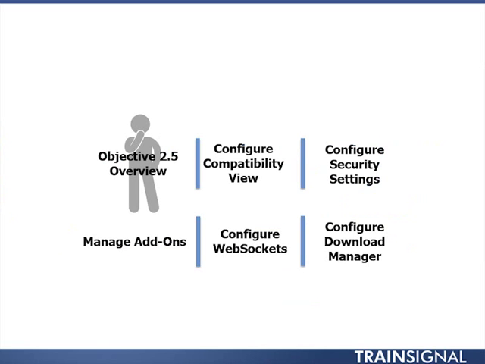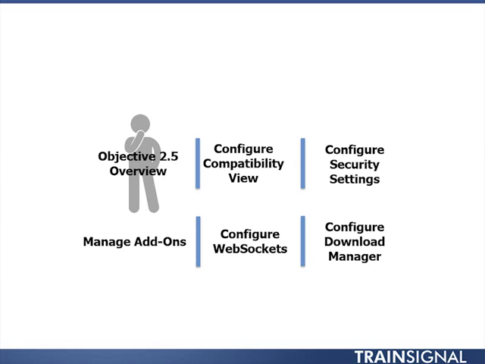This maps directly to Objective 2.5 for the Microsoft 70-687 certification exam. And in the official objectives, they list 5 different sub-objectives. Configure compatibility view, which lets Internet Explorer do a little bit better job in rendering websites that were designed for older versions of Internet Explorer.